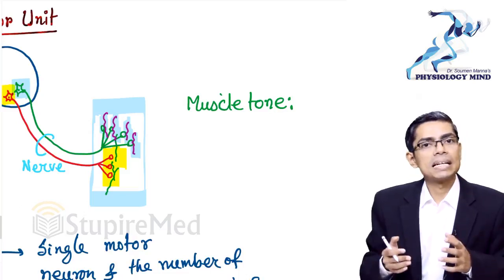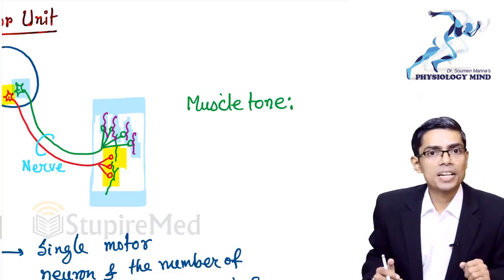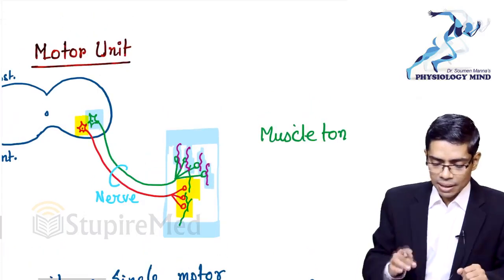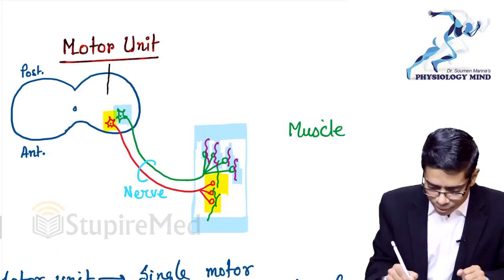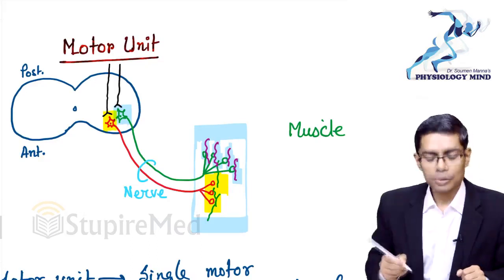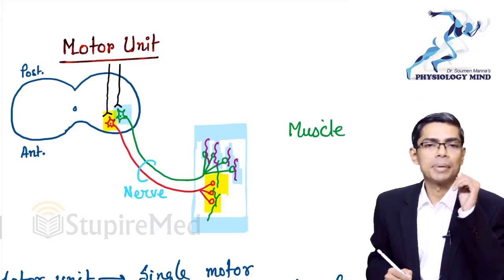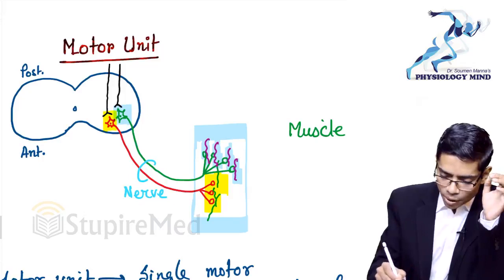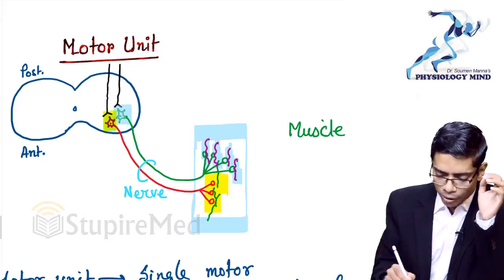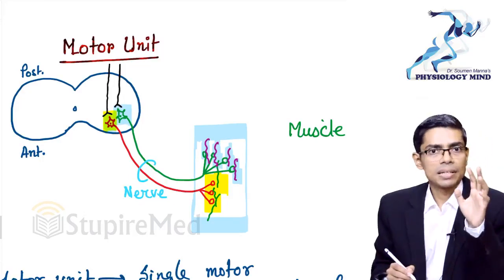So why will the muscle remain in a partial contracted state in resting condition? Remember, our cerebral cortex or brain stimulates or inhibits this motor neuron depending on different brain areas.